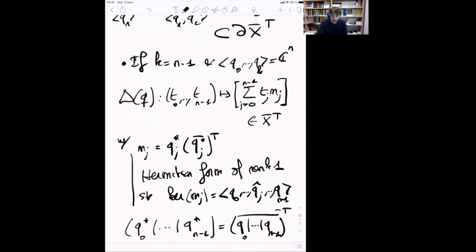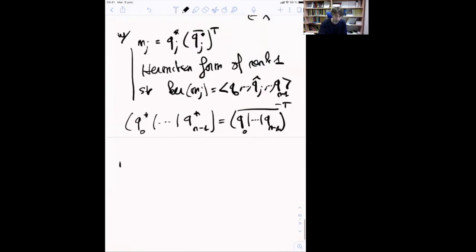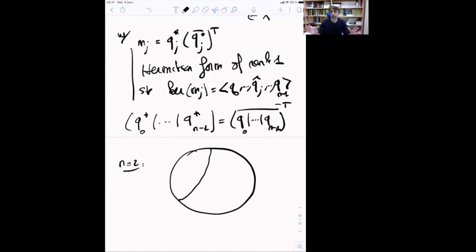So in the case n equal 2, it's really a geodesic. You have at infinity a rank 1 form, and you are considering all the Hermitian forms that are a convex combination of these two rank 1 forms.